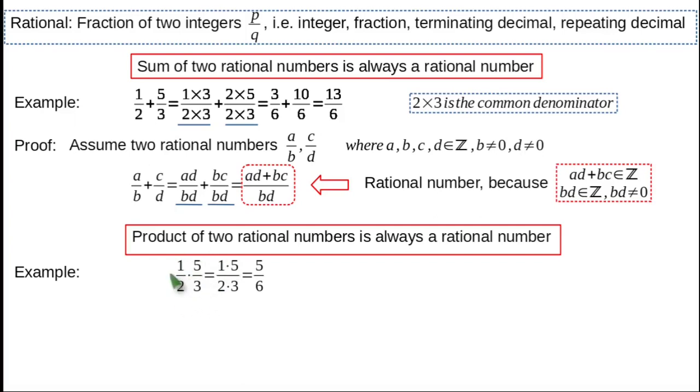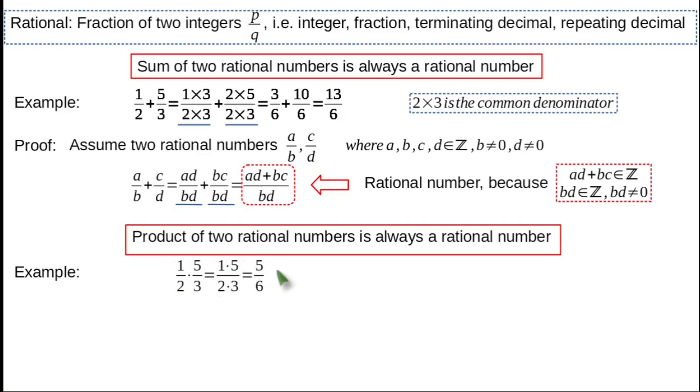I can also multiply their denominators together, 2 times 3. So the result will be 5/6, which is a rational number because it's a fraction of two integers. For these two rational numbers, their product is a rational number.